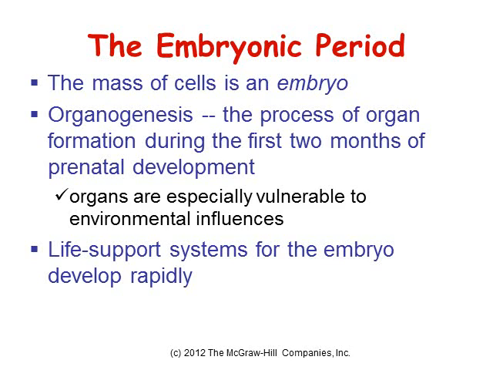The mass of cells is called an embryo, and organogenesis is the process of organ formation during the first 2 months of prenatal development. Organs are especially vulnerable to environmental influences during the embryonic period.